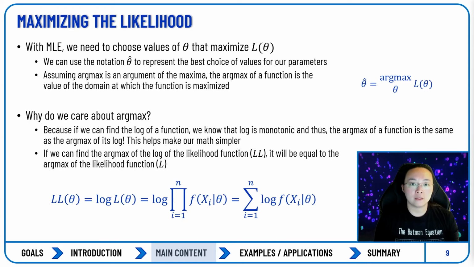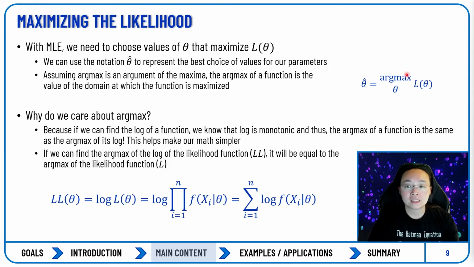Once we have that likelihood function, we need to find a way to maximize it. So with MLE, we need to choose a value of theta that maximizes that L function. We can use the notation theta hat to represent the best choice of values for our parameters, or the best fit values.